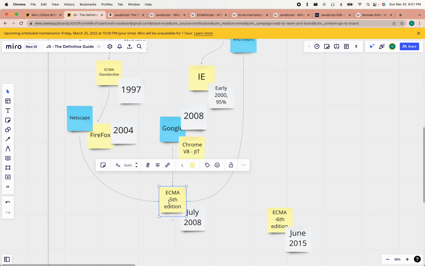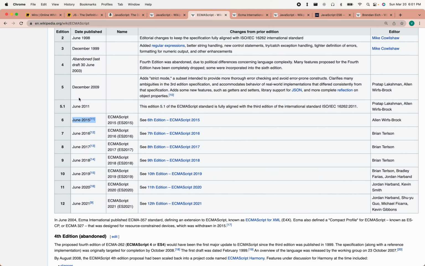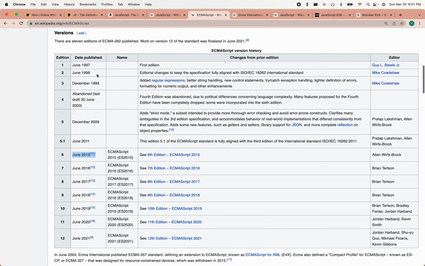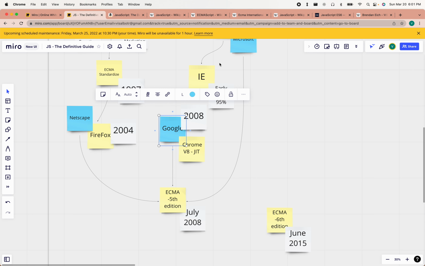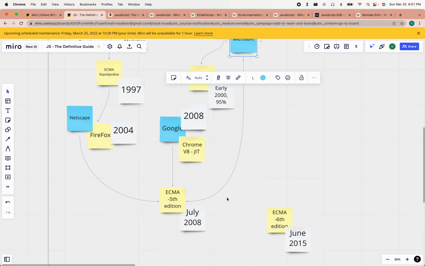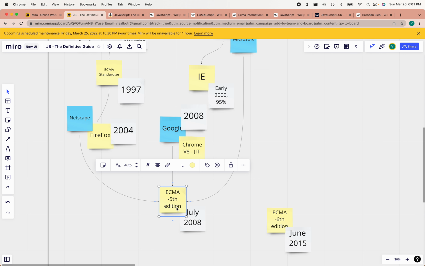So ECMA 5, this is from the ECMAScript Wikipedia. ECMA 5 is the 5th edition. And this is also a point that all the browsers support, because these three browsers are the three main browsers. So ECMA 5 is the standard that we all agree every browser should support.